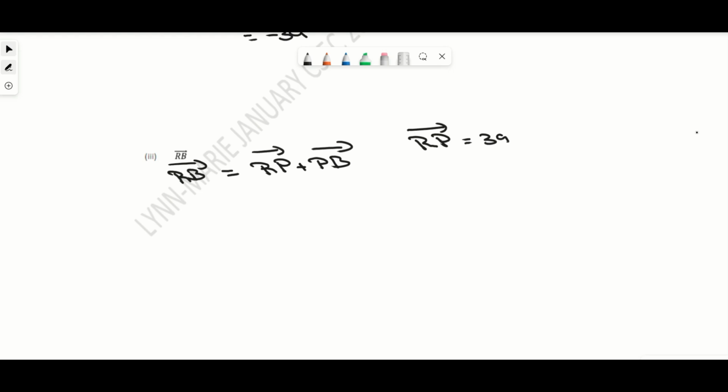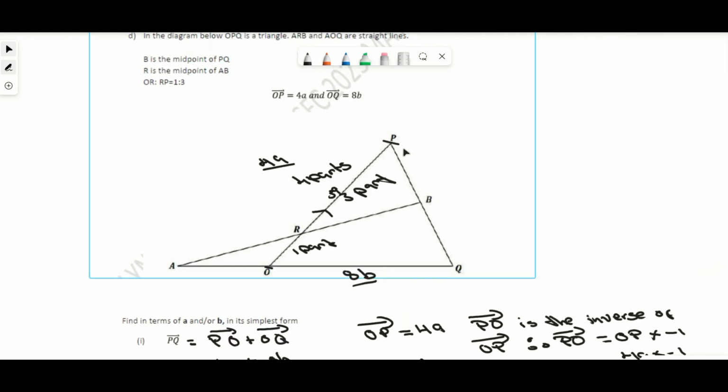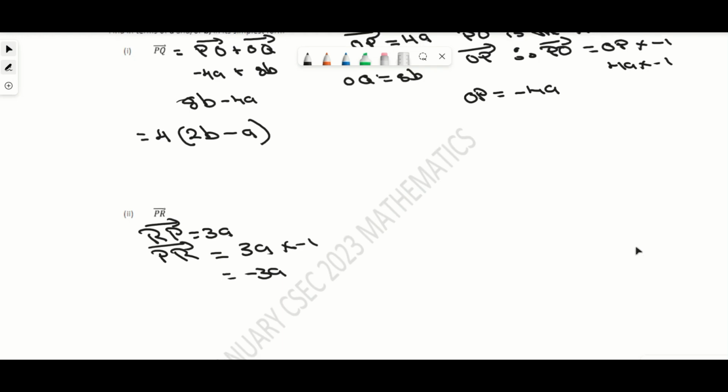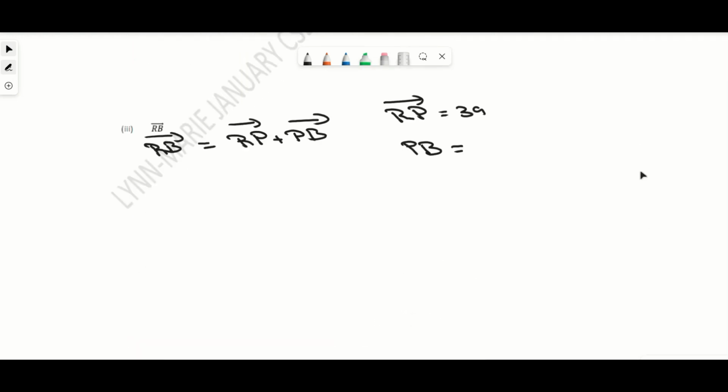Right, and then PB. Let's look at what they said in the diagram. I said it before in the video: PB is half of PQ because they said B is the midpoint. So PB would be half of PQ. And did we find out what PQ is? We did. That is the question here, so that's 4 open bracket 2B minus A. So PB is half of PQ.